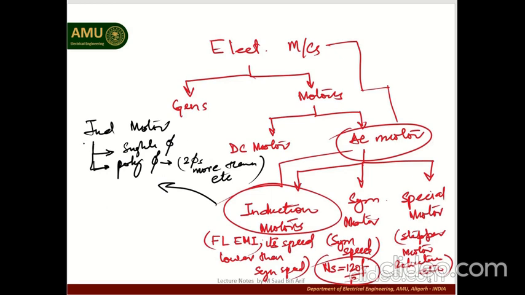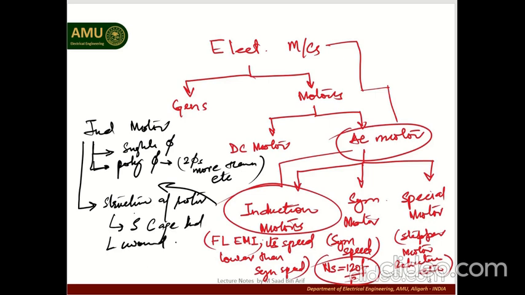Similarly, on the basis of other parameters, which we will see later in this lecture, such as the structure of the rotor, you can categorize induction motor as squirrel cage induction motor or wound type induction motor. We will discuss these categorizations later on. So right now we have a clear picture of where the induction motor lies in the hierarchy of electrical machines.